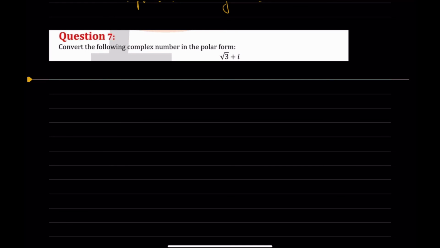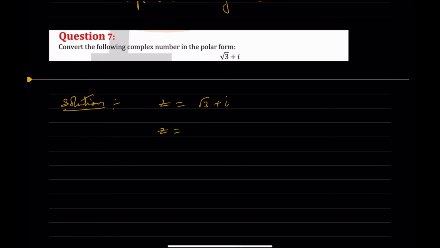Convert the following complex number in polar form. So for the solution of this, z is equal to root 3 plus i.